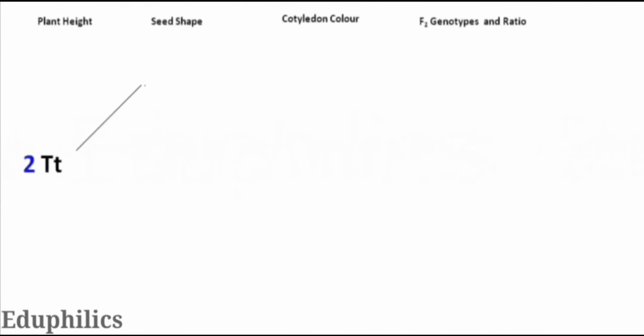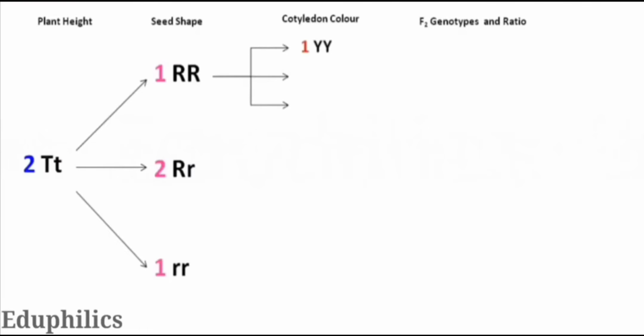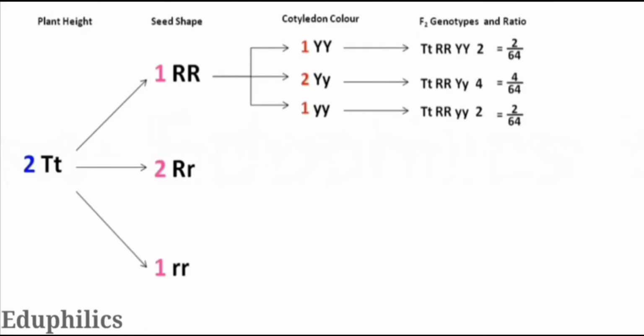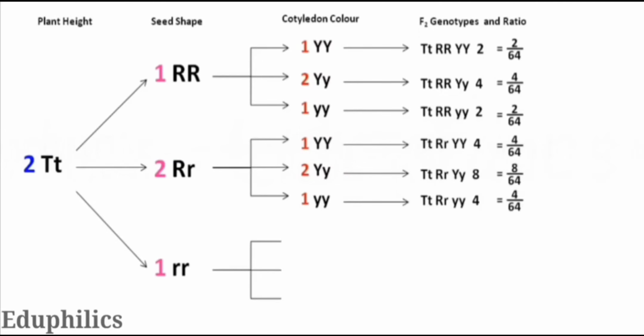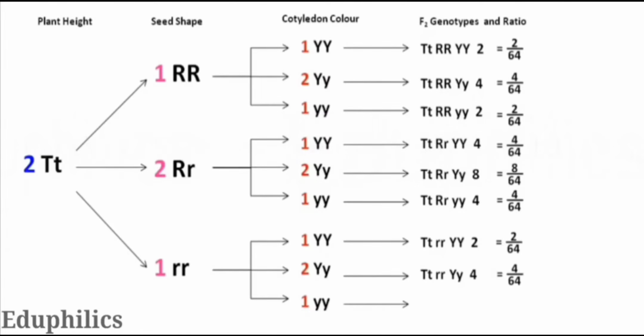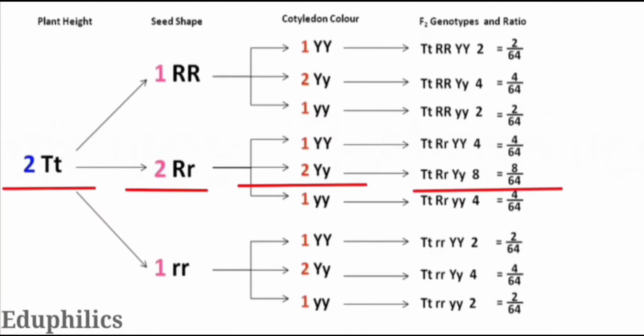Heterozygous tall with genotypes of seed shape and cotyledon color. Observe this genotype. It is heterozygous for all the three genes.